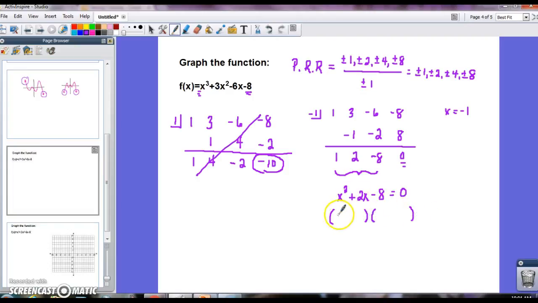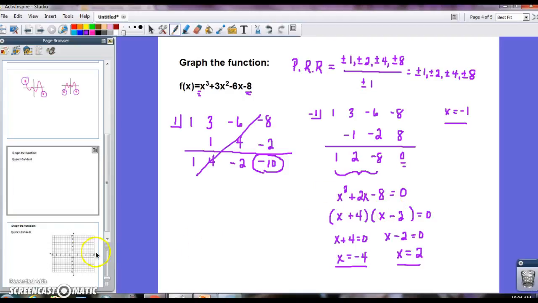Two numbers that add to 2 and multiply to negative 8: x plus 4 and x minus 2. So set each of your factors equal to 0 and solve. I end up with x equals negative 4, and I have x is equal to positive 2. It's a third degree equation, and I have 3 roots.